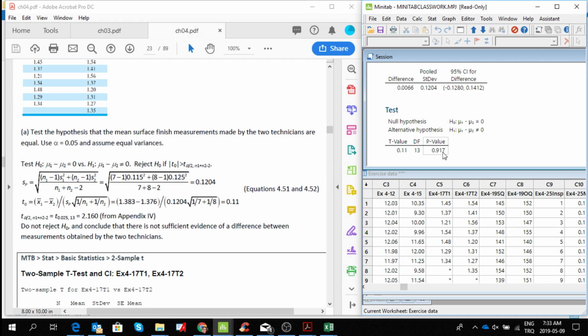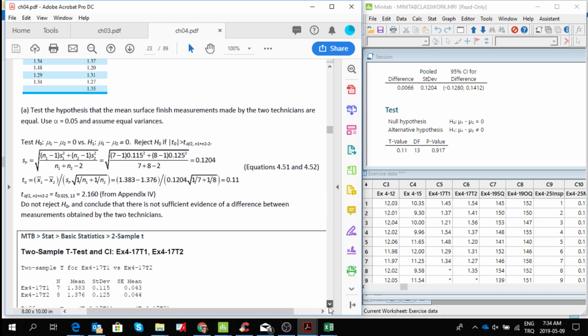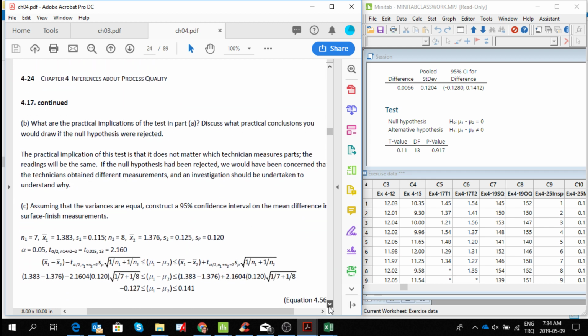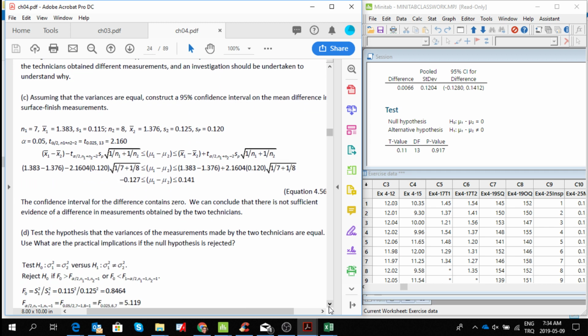The p-value is bigger than 0.05, so we fail to reject H0 because there isn't enough evidence to do that. In part C, it says construct, assuming the variances are equal, a 95% confidence interval, which is already done here.